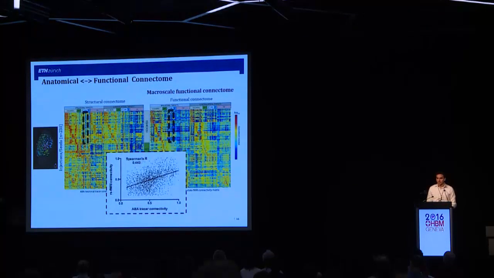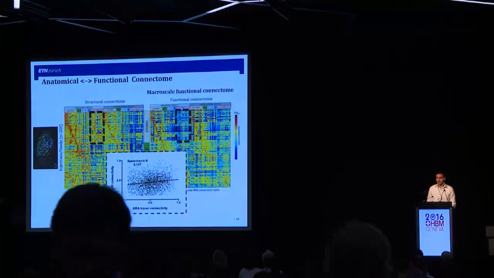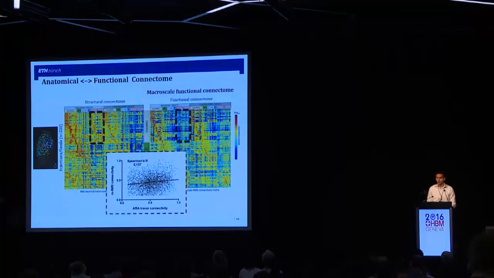This agreement was also found between the cortex and the ipsilateral striatum connections. But for instance, when we look at cortex to striatal connections, the high and strong connectivity identified from the structural connectome was not mirrored by a functional activation.